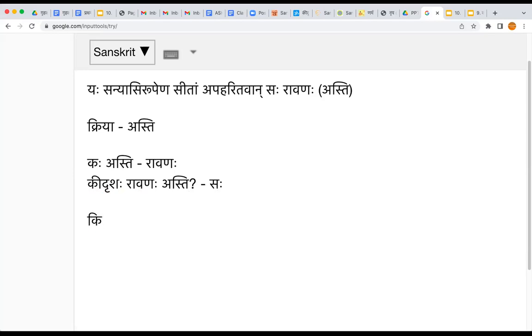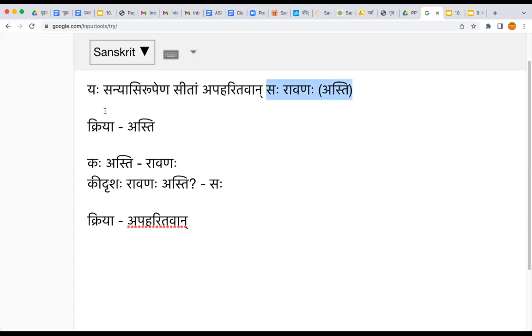Then we say the second Kriya Padam is, you tell me. Apaharitavan. Kriya Padam is Apaharitavan. Then? Mahodaya, tatra Aparitavan bhavati, na? Apahritavan va? Okay. I thought this was Apaharitavan. If it is Apaharitavan, then we will take it as Apaharitavan. Okay. Kriyapadam Apaharitavan.